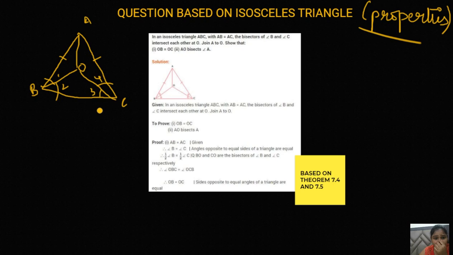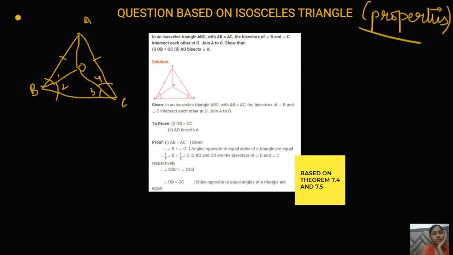For proving that, we just have to prove the two triangles congruent. AB equals AC is already given, as the triangle is isosceles. Since angles opposite to equal sides are equal, angle B equals angle C, right? So half of angle B equals half of angle C, so angle OBC equals angle OCB.